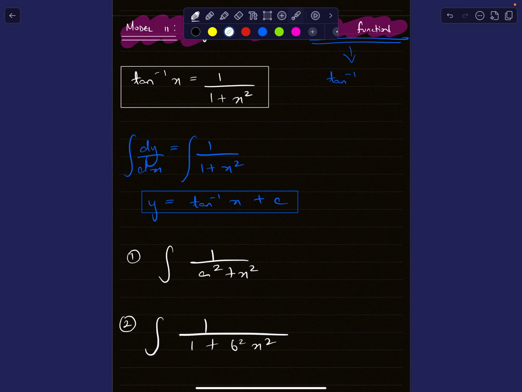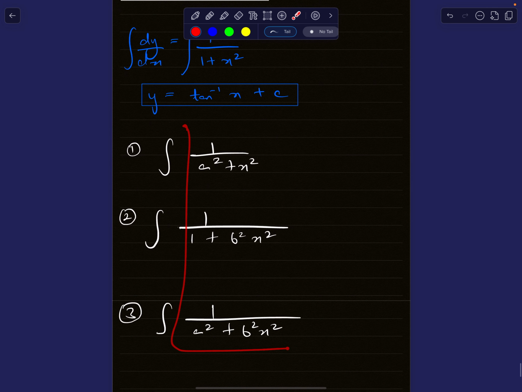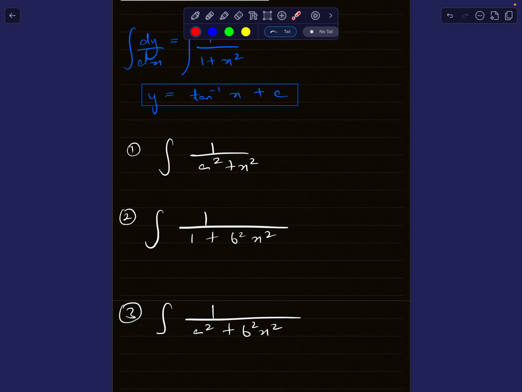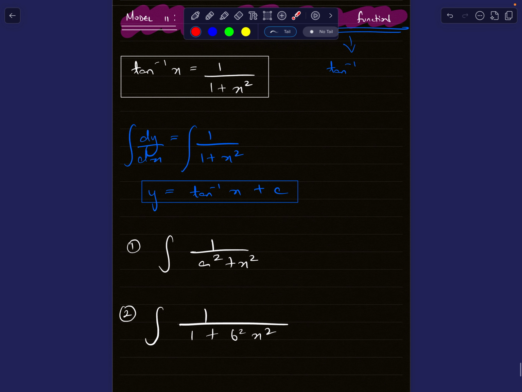So whenever you see something like this with an integration sign, your mind lights up like a light bulb, and you identify that this has something to do with tan inverse. Alright.